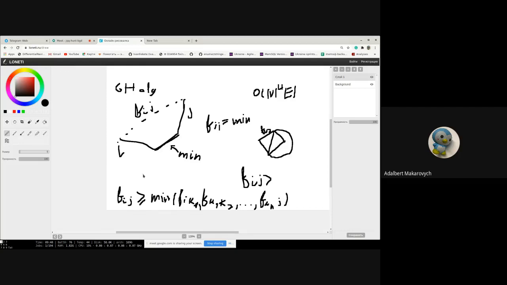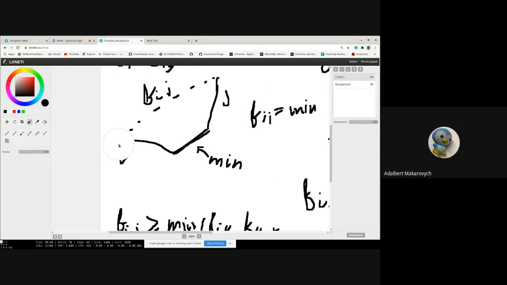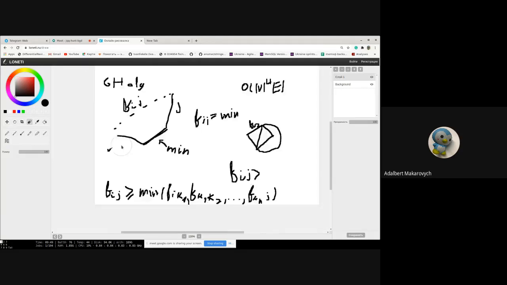So let's just do this. At first, we'll be constructing this tree incrementally. Let's consider that each vertex in this tree is a set of vertices from the original network. I'll be calling these tree vertices T vertices and vertices from the original network G vertices.